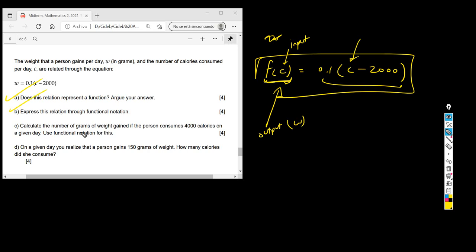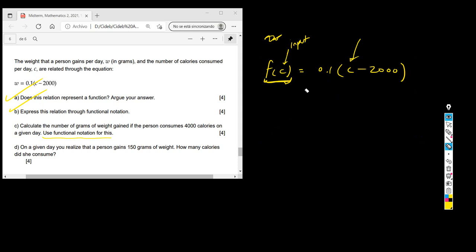Done and done. Calculate the number of grams of weight gain if the person consumes 4,000 calories on a given day. Use functional notation for this. Well, once I know that this is my function, then for letter C, I'm just evaluating F at 4,000 calories.